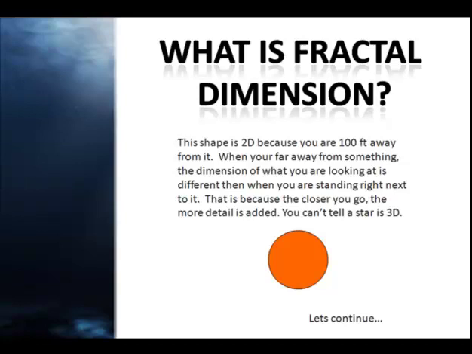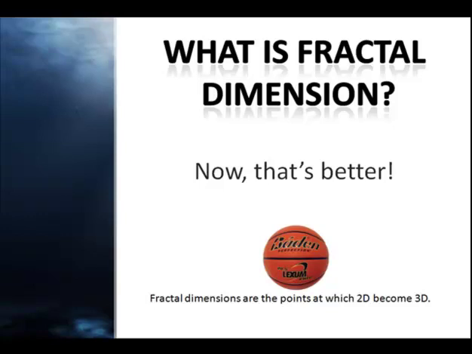When you're far away from something, the dimension of what you're looking at is different than when you're standing right next to it. The closer you get, the more details are added. Say you were standing a couple hundred feet away from this orange sort of 2D circle, you might not know that it's actually a basketball. So fractal dimension, what is that? That's actually the points between the 2D and the 3D. In between those points, that's the fractal dimension.